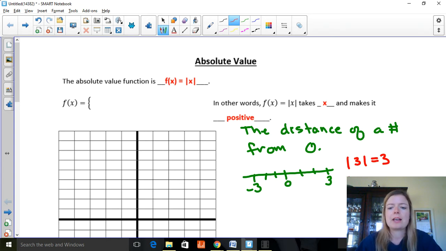But the absolute value of -3 is also 3 because it's 3 away from 0. So the absolute value doesn't care if it's positive or negative, just what the actual magnitude of the number is. It takes whatever's within these two lines and turns it positive. If it was positive already, it's still positive, but if it's negative, it becomes positive.